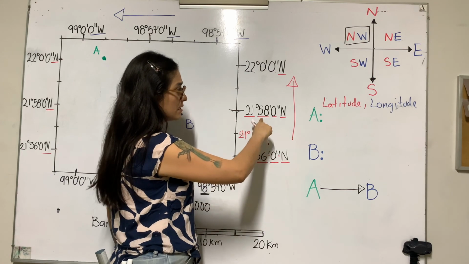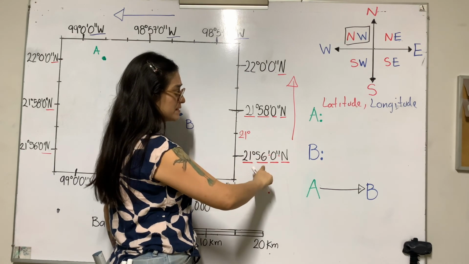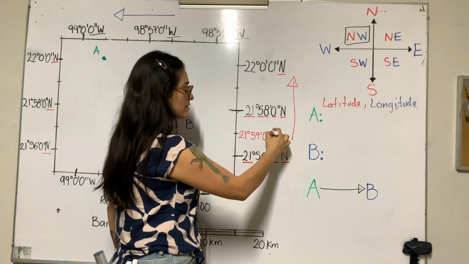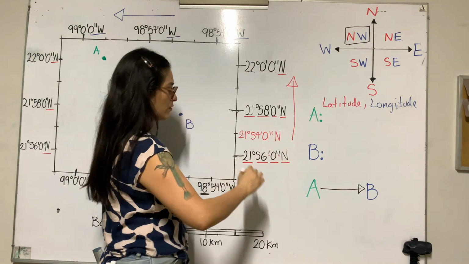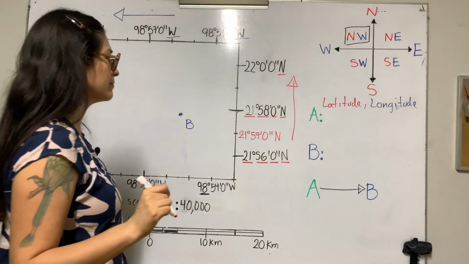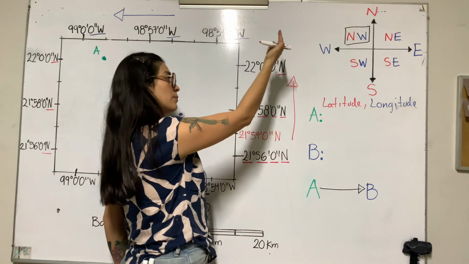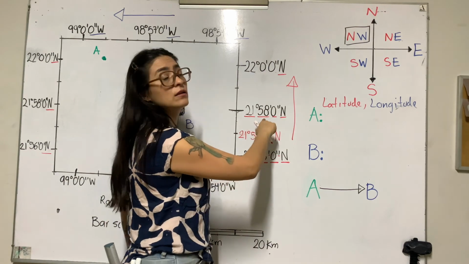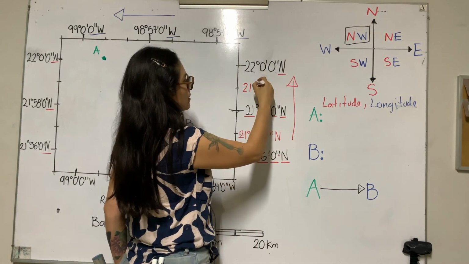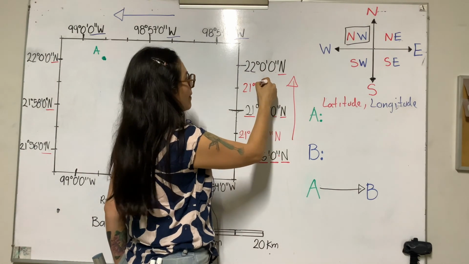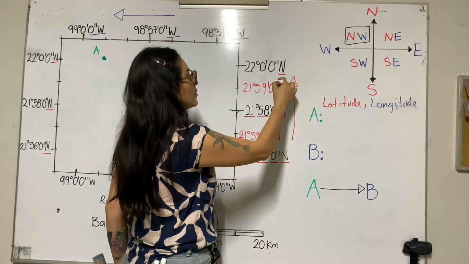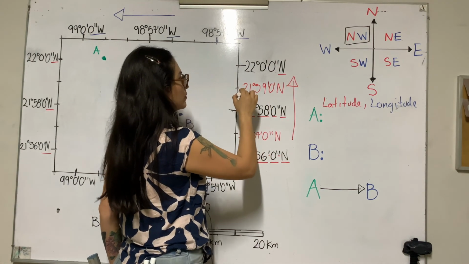If this is the 58 and this is 56, so this is 57 minute, 0 seconds going north. This is the exact minute. 57 minutes. So if we are going up, going north, if this is the minute 58, that means that we are in the degree 21 and then 59 minutes and 0 seconds going north.